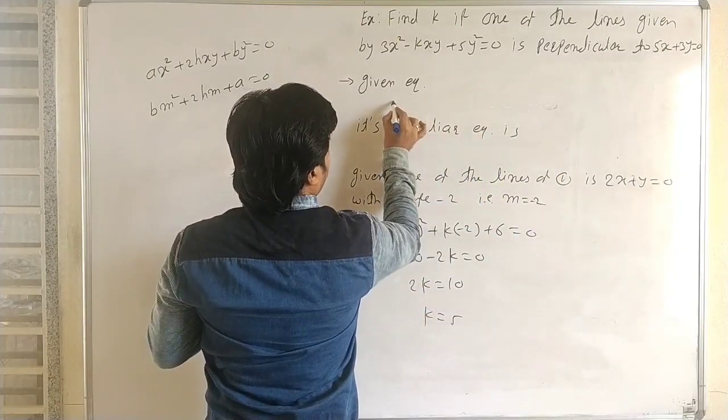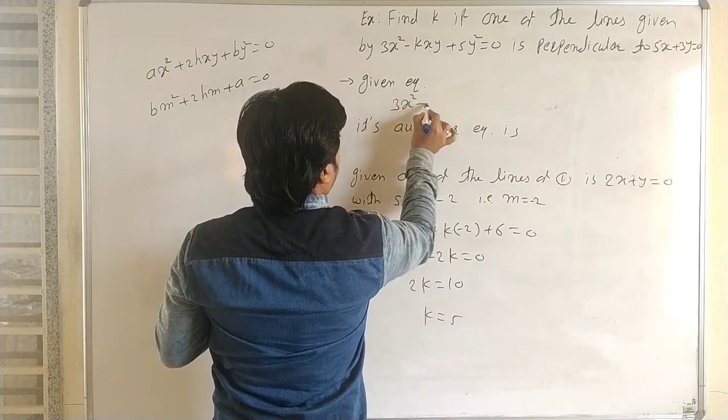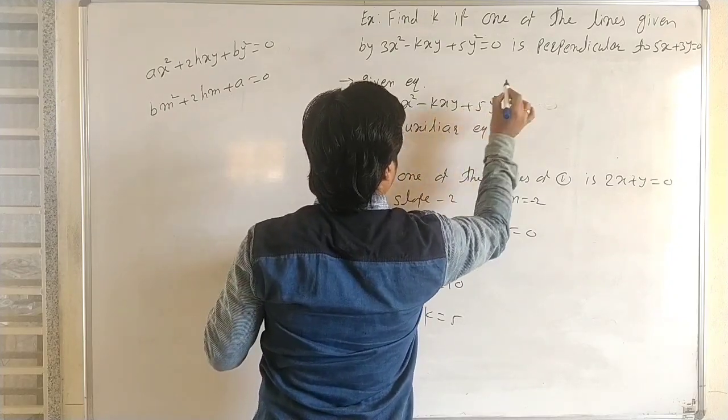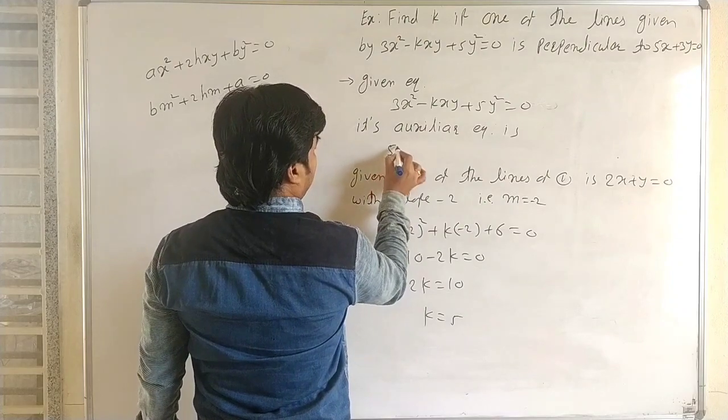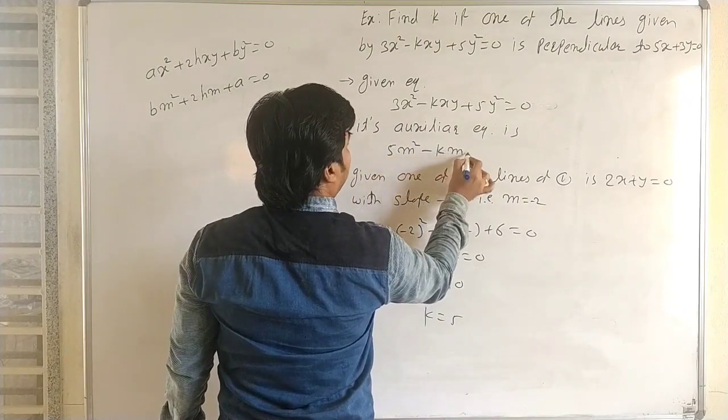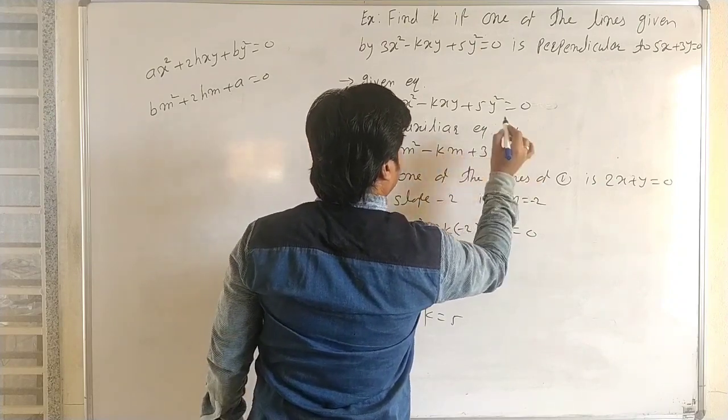Here the given equation 3x square plus kxy plus 5y square equal to 0 has auxiliary equation 5m square minus km plus 3 is equal to 0.